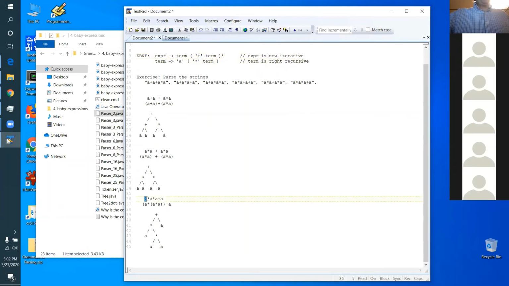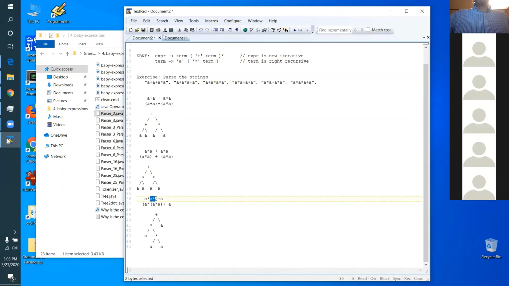A term is an A followed by multiplication with an optional term. So there's A multiplication with another term, okay? But now this term's going to be bigger than it was before because now we've gotten through A times, now we have to find another term.